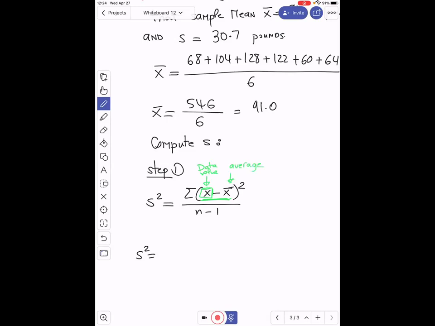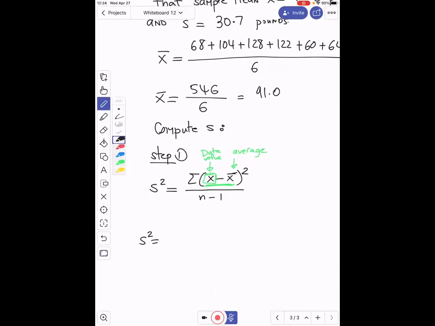So you take the difference between your data value and the average. The first data value is 68, so I take 68 minus the average, which is 91, and then we take the square.